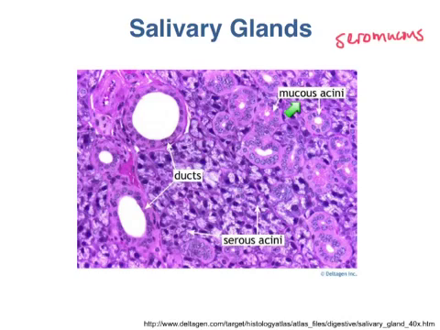The mucus cells produce a more viscous, lubricating solution. It contains a protein called mucin that's a lubricating protein. So the salivary glands really get chemical digestion started as well.